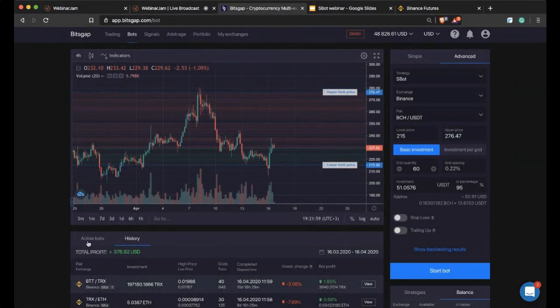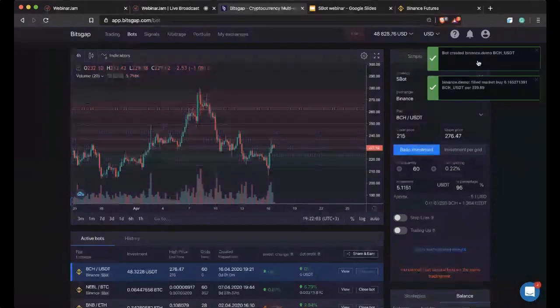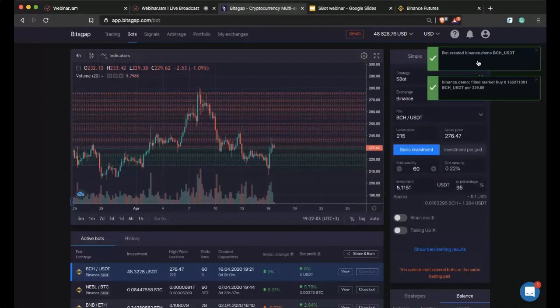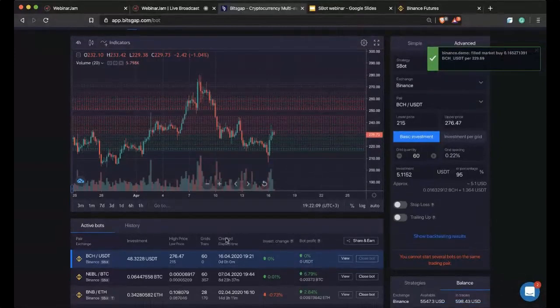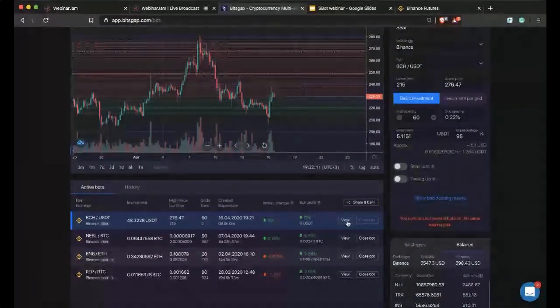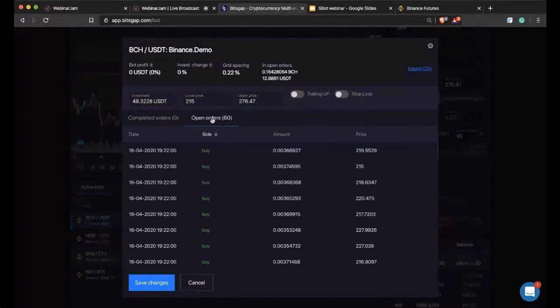What happens next is that my bot is now initiated. It has filled the market buy order. It bought this exact amount. Here it is. You can press on the view button and you see that I now have open orders, sell orders, exactly those that I just showed you. And you see that there is a proportionate distribution of my Bitcoin Cash.